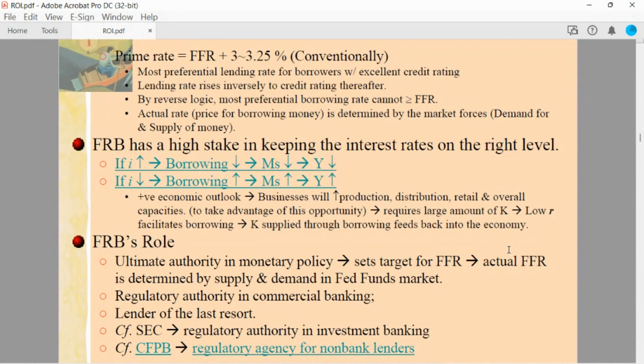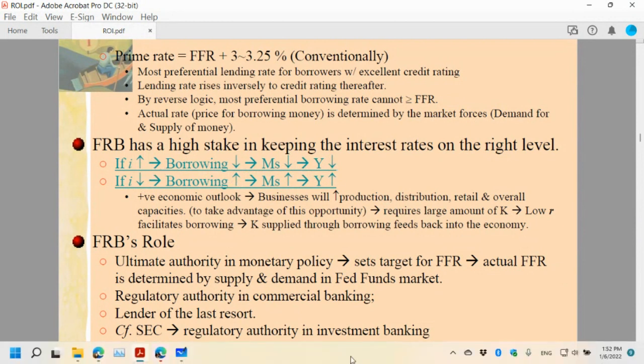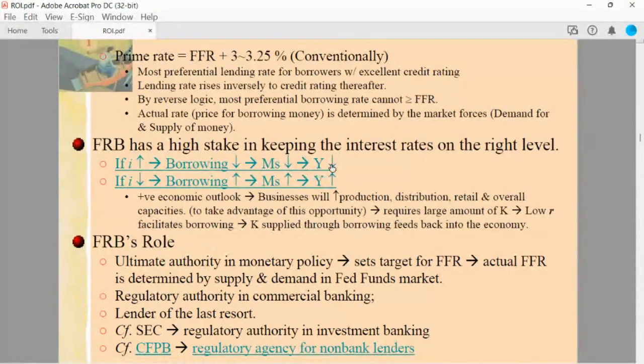The first FOMC meeting, they decided to raise rate. Why is that? They want to cool off the economy. Why? Because of the rampant inflation. In 2021, we saw a significant rise in inflation.